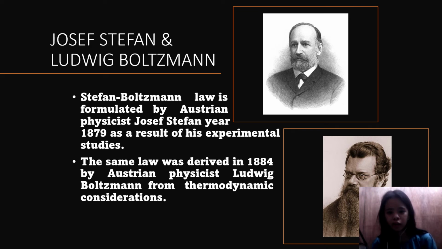The Stefan-Boltzmann law was formulated by Austrian physicist Joseph Stefan in 1879 as the result of experimental study, and the same law was derived in 1884 by Austrian physicist Ludwig Boltzmann from thermodynamic consideration.